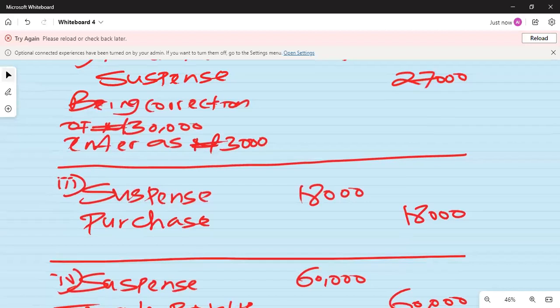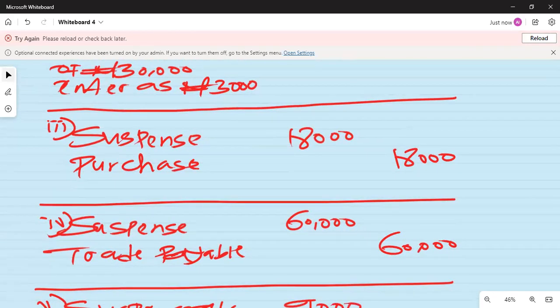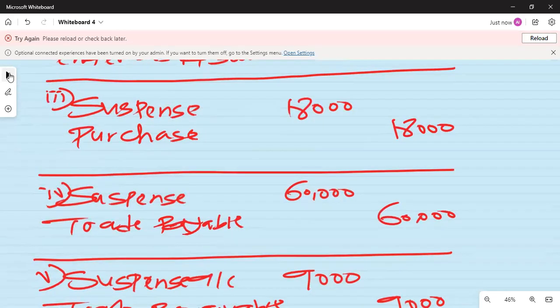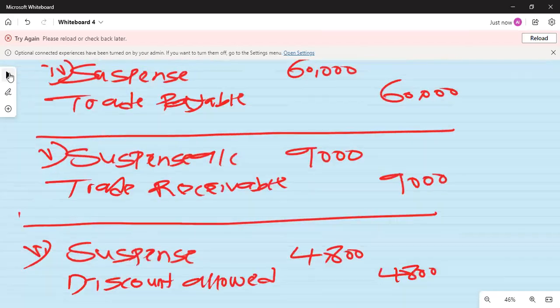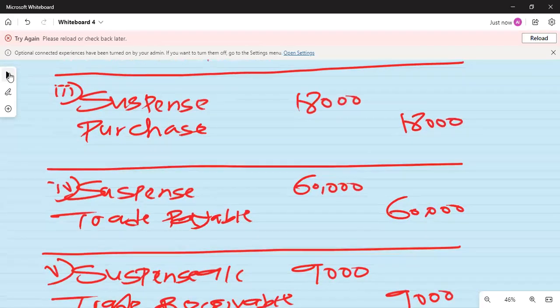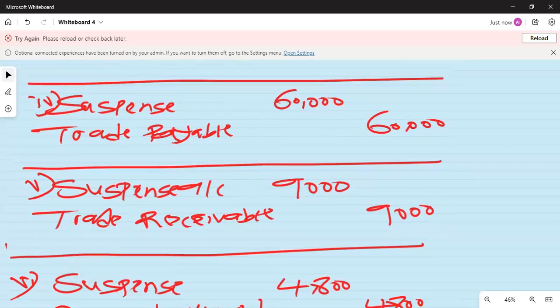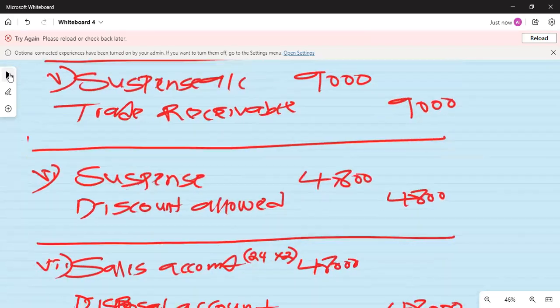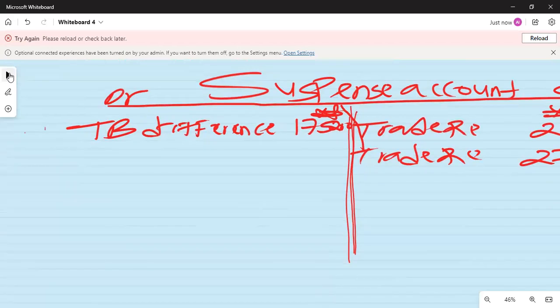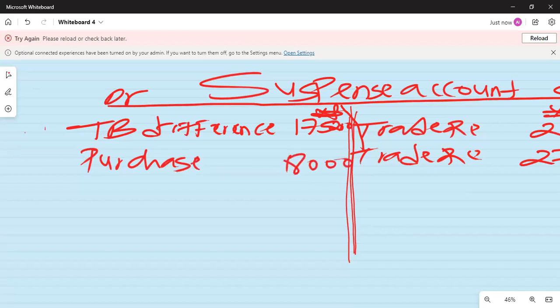Then the next one, which is number three, suspense account should be debited with 18,000, 60,000, 9,000. This is relating to purchase, 18,000.